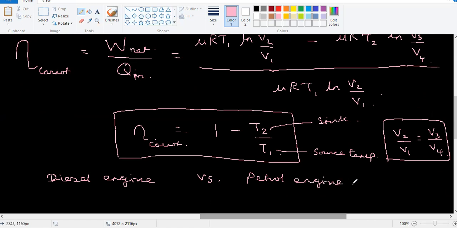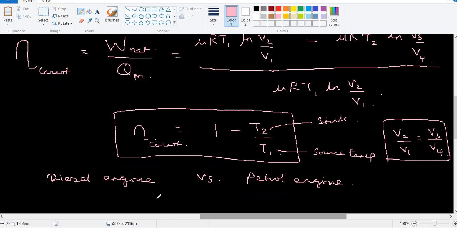So thermodynamically speaking, diesel is supposed to give you a higher efficiency. That doesn't mean that this is true always, because sometimes the diesel engine you are considering may not have been designed properly, which means the friction might be high, whereas you may have a better petrol engine.